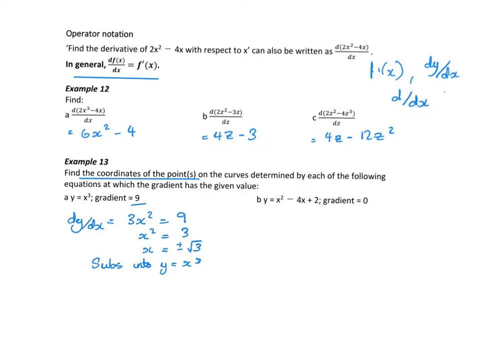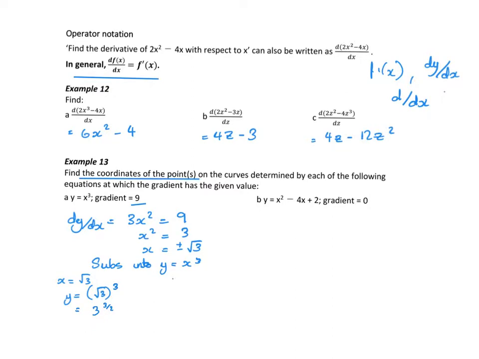So let's take x equal to the square root of 3 to start off with. So you get y is equal to root 3 all cubed. So another way you could write that is 3 to the power of 3 on 2. They mean the same thing.